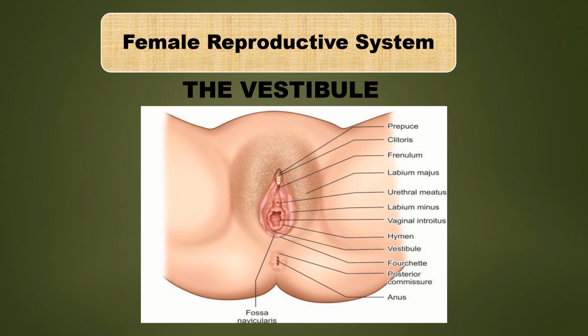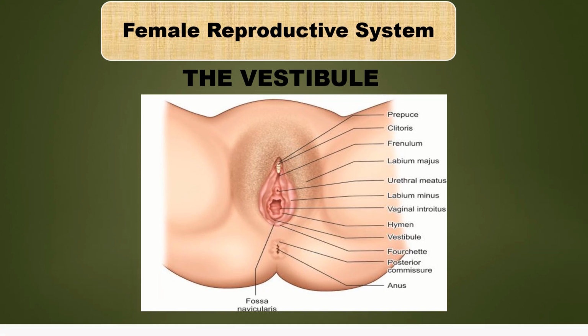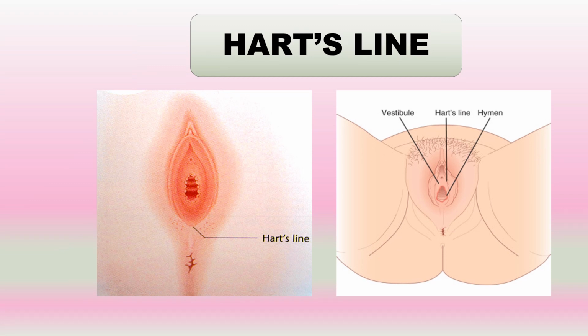Yes, you are viewing a smooth surface that begins superiorly below the clitoris and ends inferiorly at the posterior commissure of the labia minora. The borders of the vestibule are formed from the edges of the labia minora, and the demarcation between the vulvar vestibule and the labia minora is called the HART'S lines.